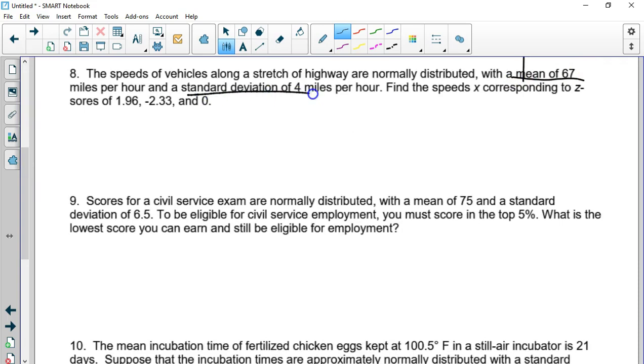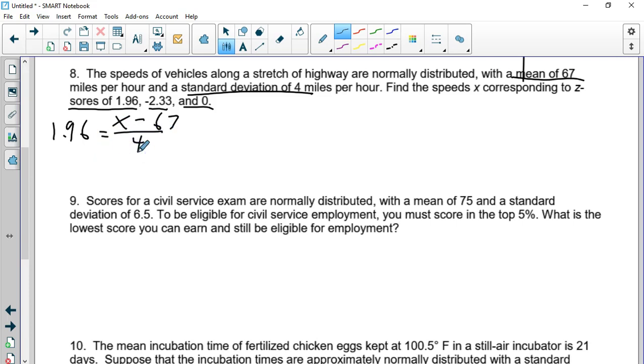Standard deviation of 4. And here's my z-score. Right here, here, and here. 3 z-scores. So, we're just going to work backwards. Let's go with 1.96. There's my z-score. 1.96 equals my actual value minus my mean divided by the standard deviation of 4.